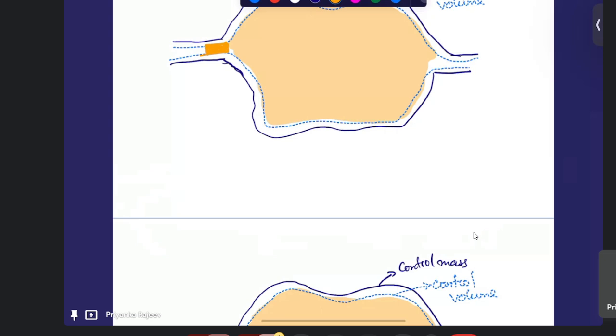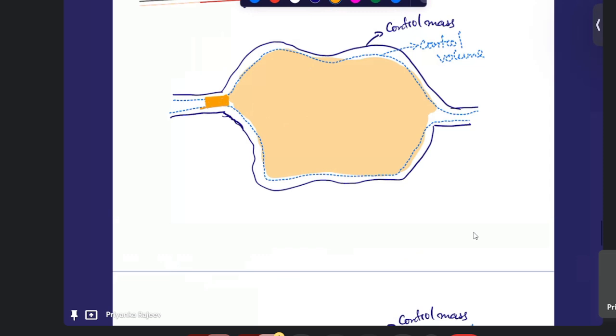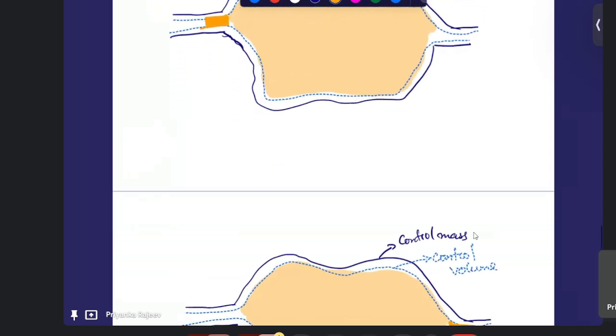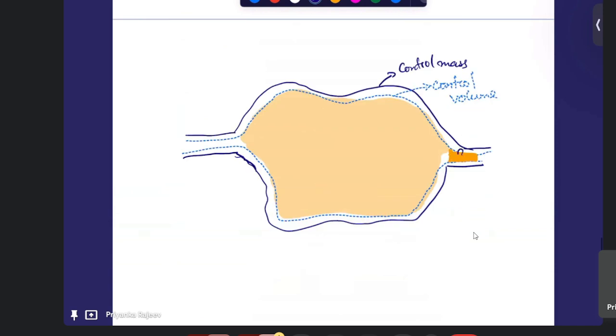Okay. So this energy, change in energy at the inlet is taken as delta EI, and change in energy at exit is taken as delta EE.